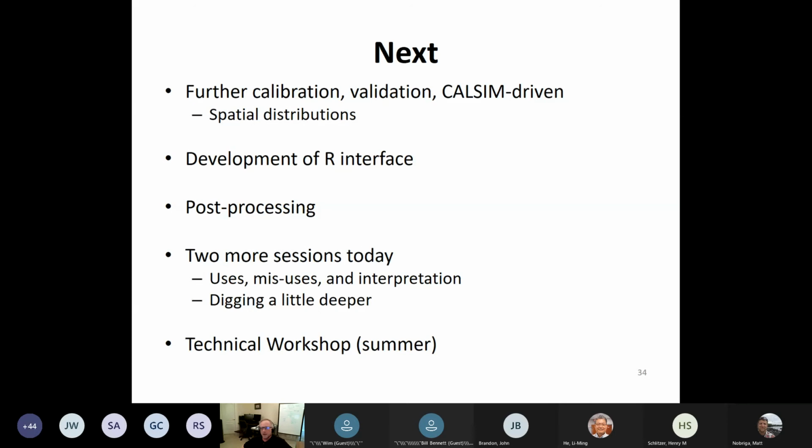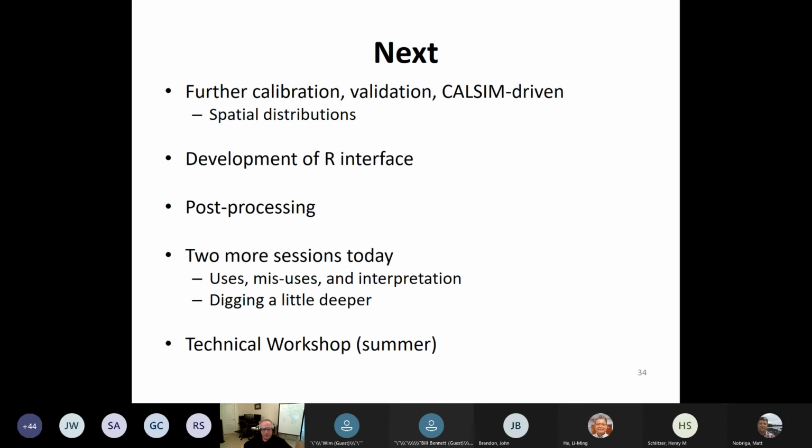We did it very qualitatively. There are a couple of interfaces being developed, one for post-processing and one for potentially using the model, and I'm not sure whether that's going to proceed or not. But otherwise, you just get these massive output files.